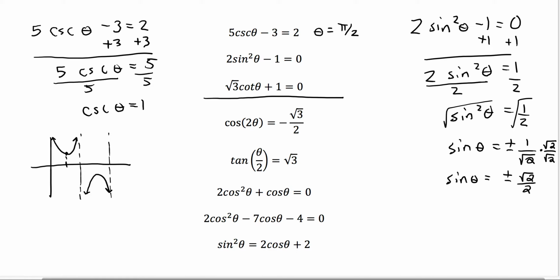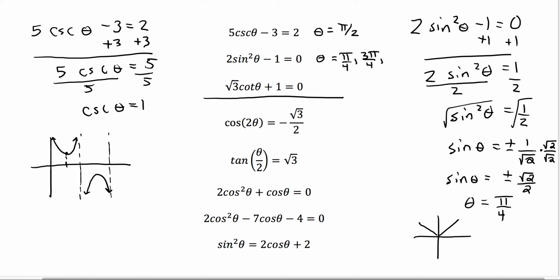So I know that this is going to be pi over 4. And then it's going to be every reflection of pi over 4. If you need to draw the graph, you can. Here's pi over 4 right there. Reflecting into the second quadrant, you're at 3 pi over 4. So I'm just going to write them up here. So pi over 4, 3 pi over 4.